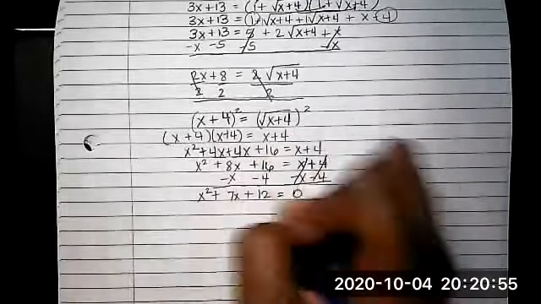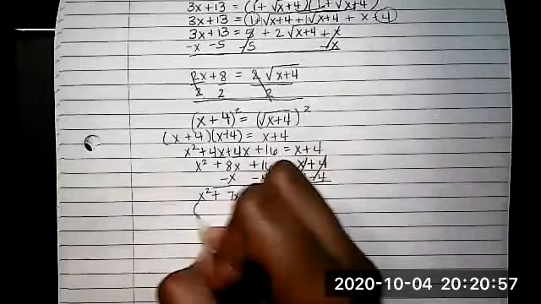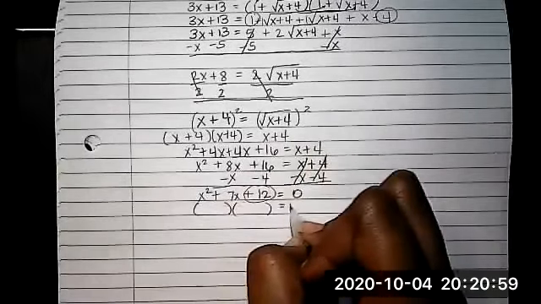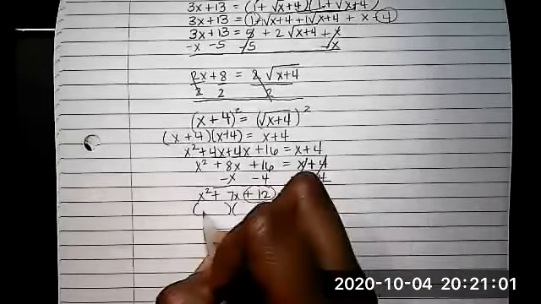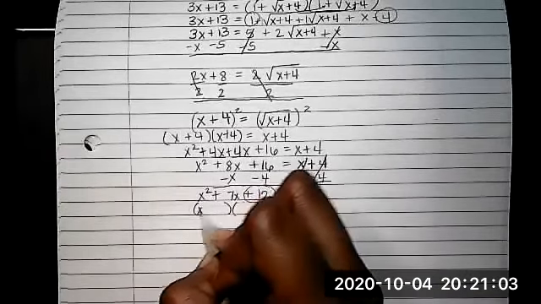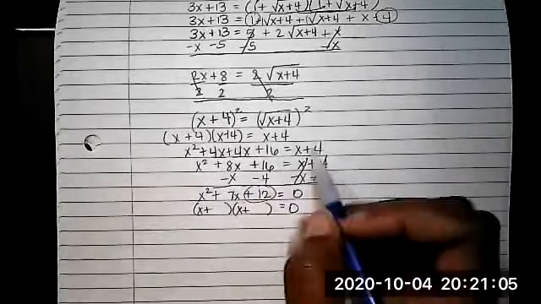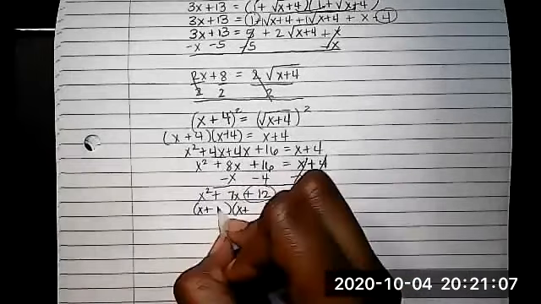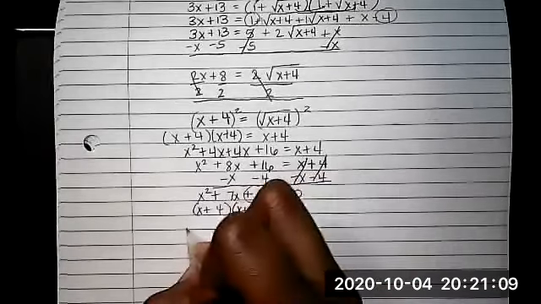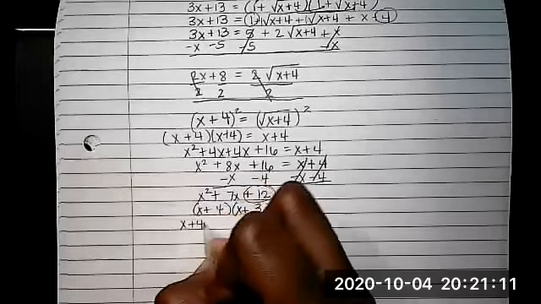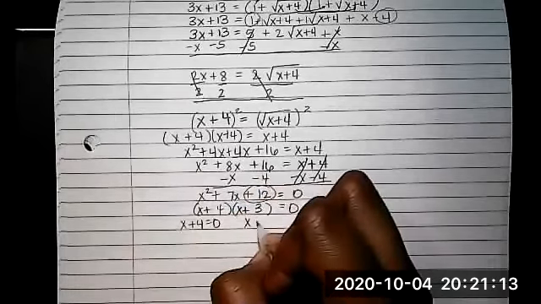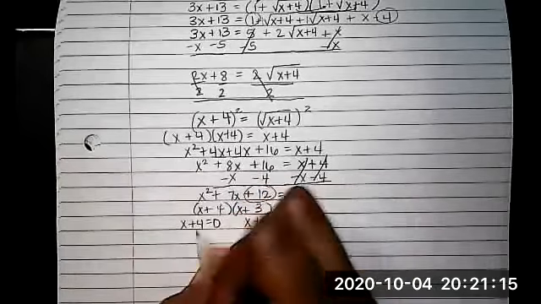Now we are going to factor. Because the last number is positive, x plus, multiples of 12 that add to give you 7: 4 and 3. So now you have x plus 4 equals 0, and x plus 3 equals 0.